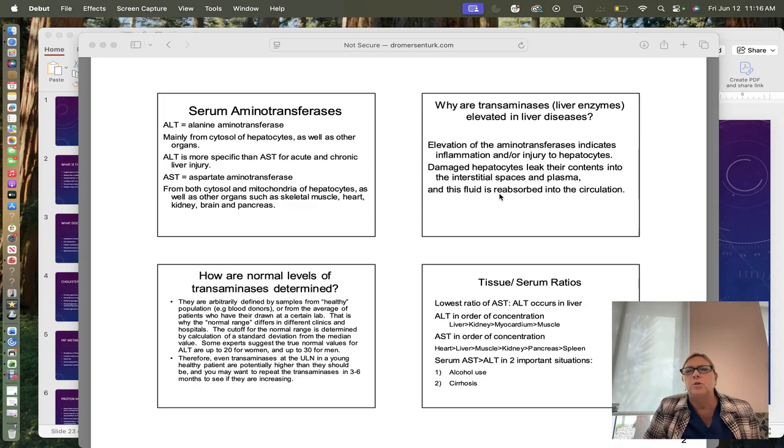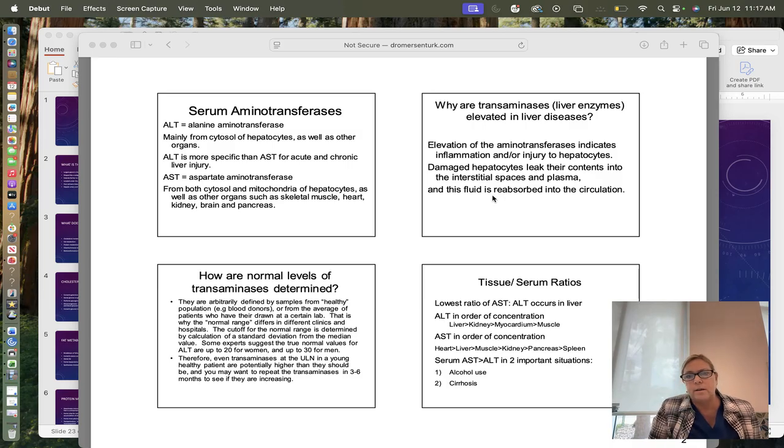These are called your aminotransferases, your ALT and AST. They're enzymes and they indicate inflammation or injury to the hepatocytes. Damaged hepatocytes will leak their contents into the interstitial spaces and the plasma, and that fluid actually gets reabsorbed into the circulation.